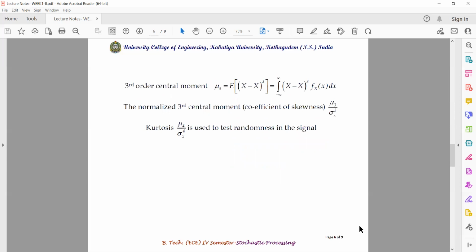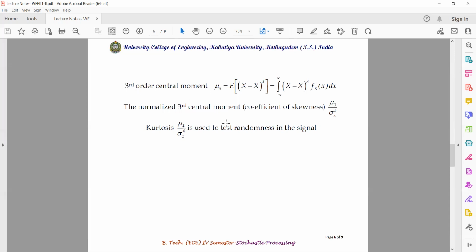So the central moments generally used to test the randomness present in the signal are skewness and kurtosis. The third order central moment is used in measurement of the coefficient of skewness.